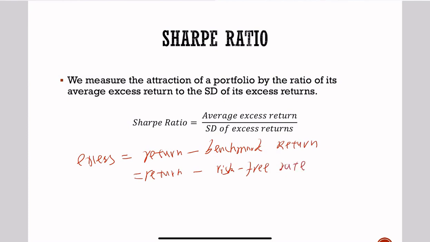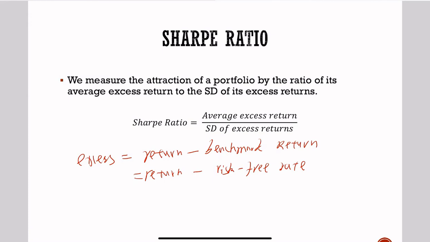So if you want to find Apple's Sharpe ratio, you look for Apple's average excess return, and you calculate the standard deviation of Apple's excess return. Then you take the ratio of these two numbers. This gives you the Sharpe ratio. Intuitively, the Sharpe ratio is a performance measure.